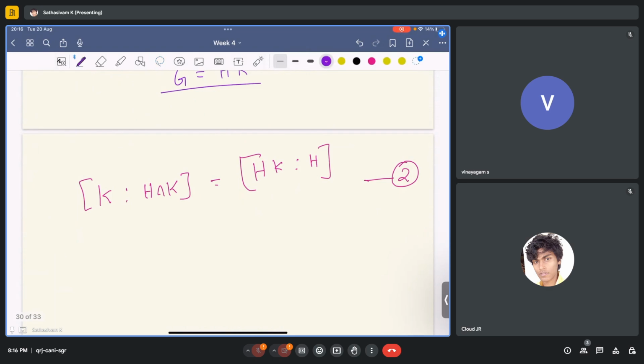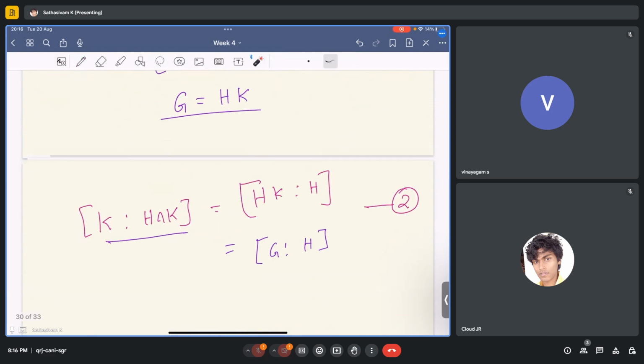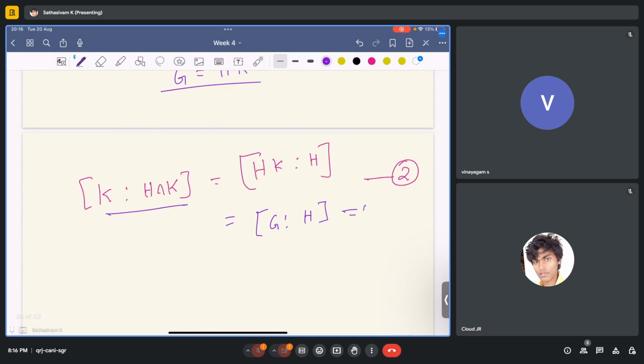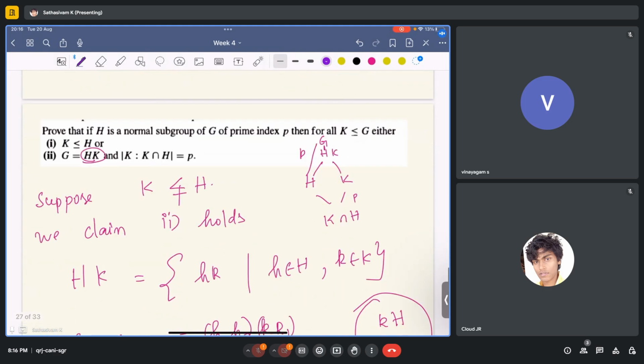This is what we want to find, but HK is G. So this is G by H, and G by H is given to be P. And that's all, we are done. This is P. This is what we wanted to find, and we completed that.